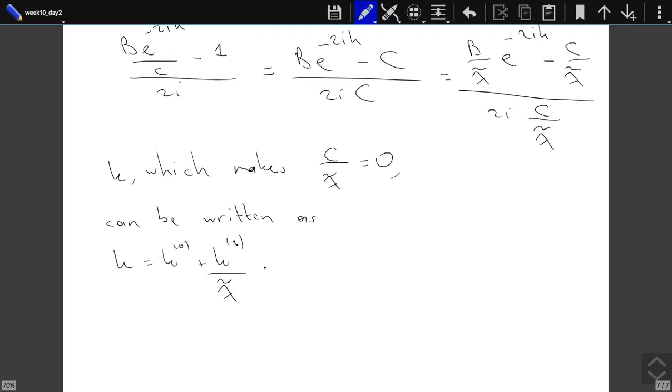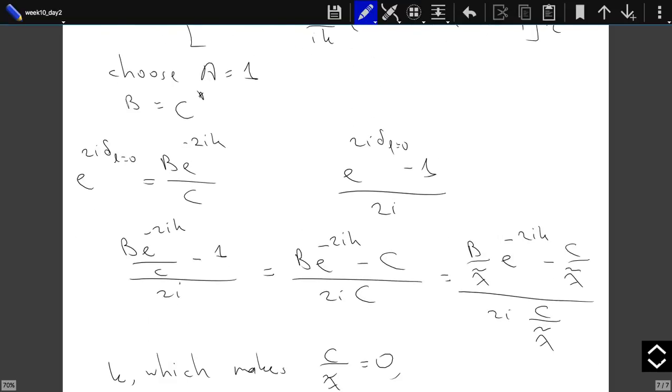I will also look for k2 over lambda tilde squared plus terms of the order of 1 over lambda tilde cubed. This is the equation I would like to solve. Again, just order by order, I will try to solve it.